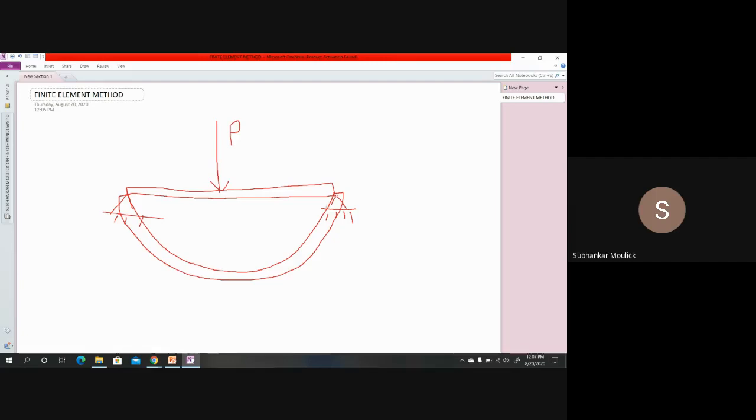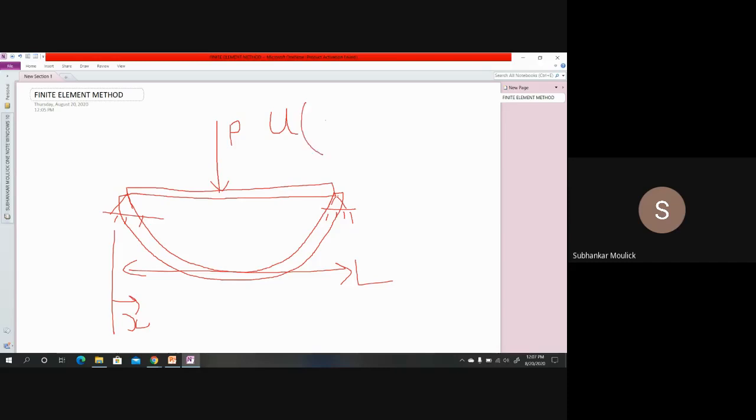Now, by looking at this diagram, I have to figure out what the boundary condition will be. Deflection is 0, and say this is x, meaning the beam is varying along the x direction, and the overall length of the beam is L. Say u is the deflection of the beam.